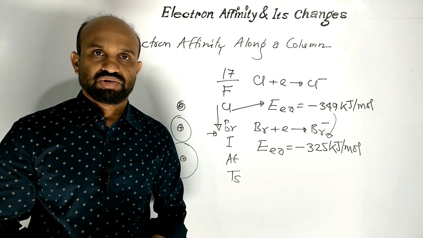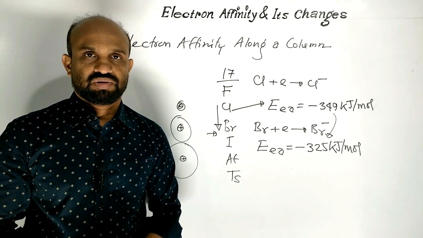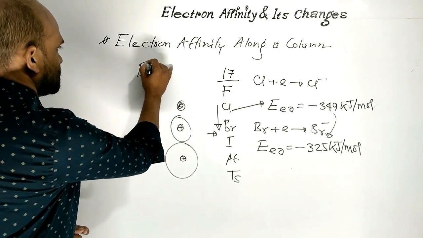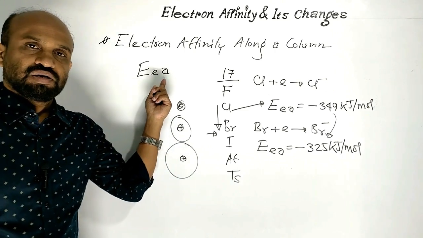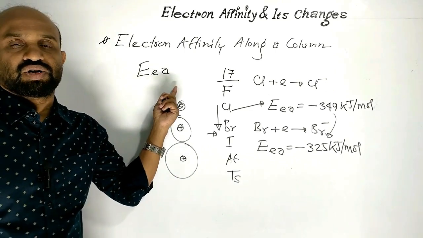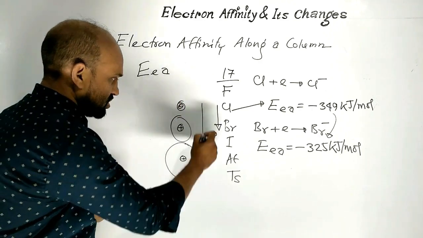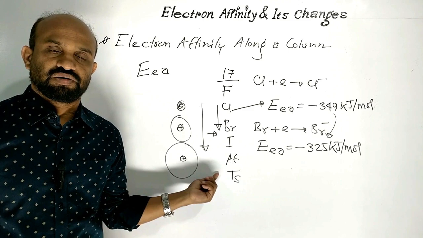Energy is released here. That is why the minus sign is used. Electron affinity, denoted by EEA, energy of electron affinity, decreases along a column in the periodic table.